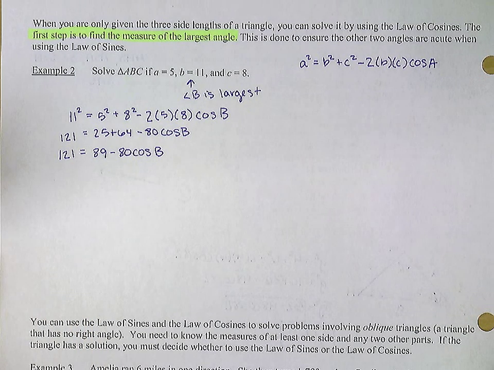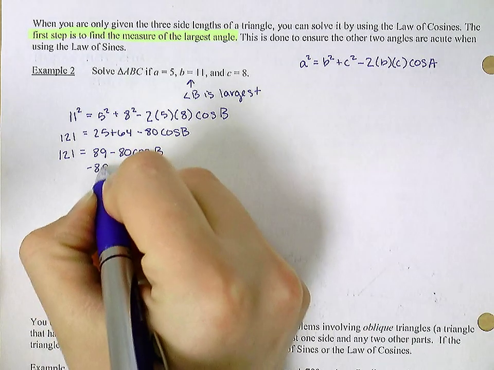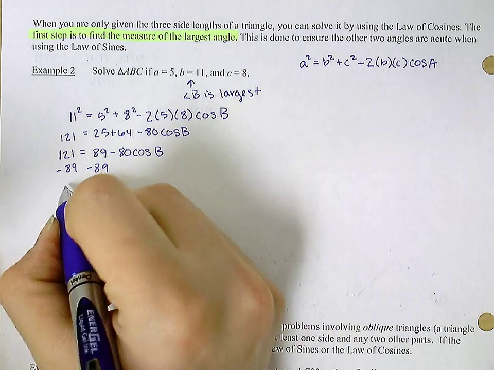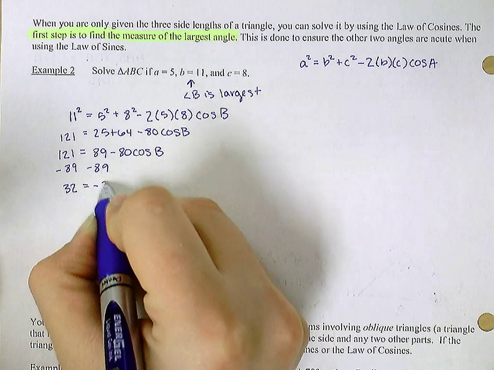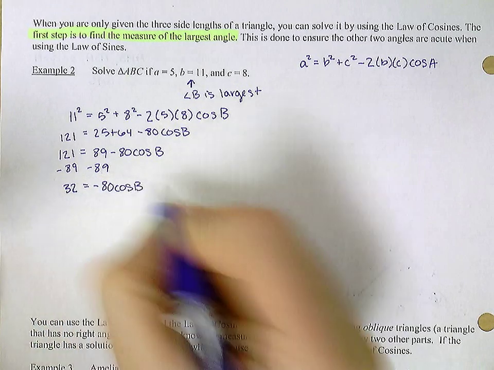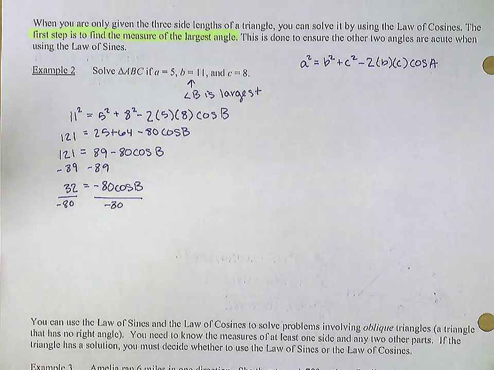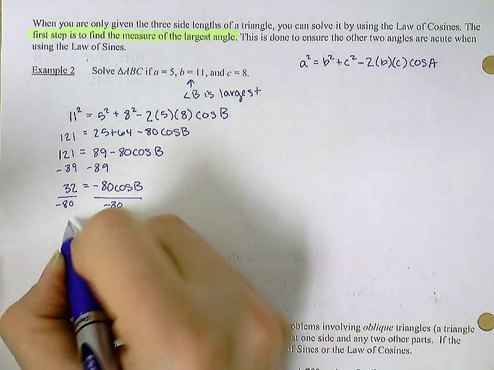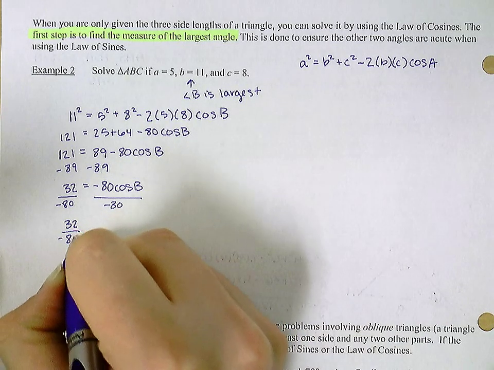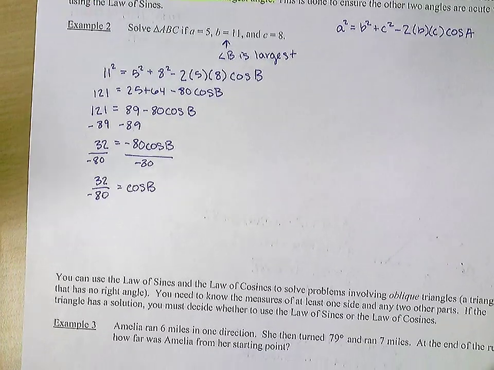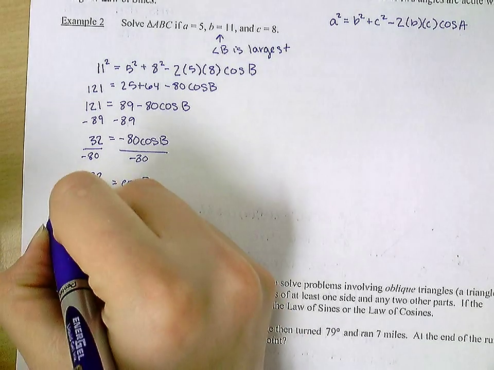What's my next step? Subtract 89 from both sides. Okay, that's 32 is equal to negative 80 cosine of B. Now we can divide by negative 80. So I have 32 over negative 80 equals the cosine of B. To get B by itself, you bring in cosine inverse.